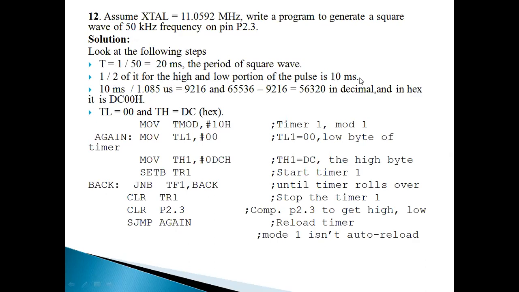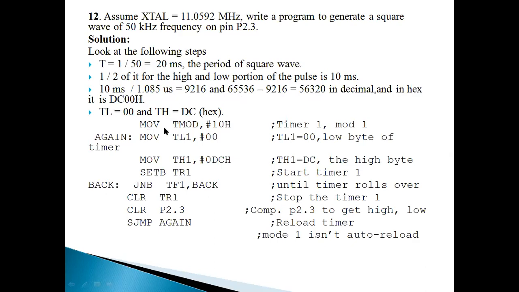So we get 10 milliseconds as the answer. 10 milliseconds divided by 1.085 microseconds will give us 9216, subtracted from 65,536, which is equivalent to 56,320 counts in decimal. Converting it to hex, it is DC00H. The last step is to put the low byte 00 into TL and the high byte DC into TH register.